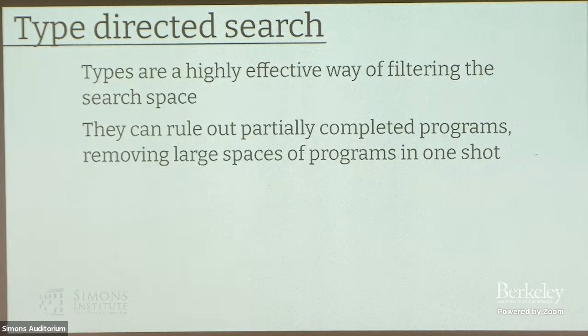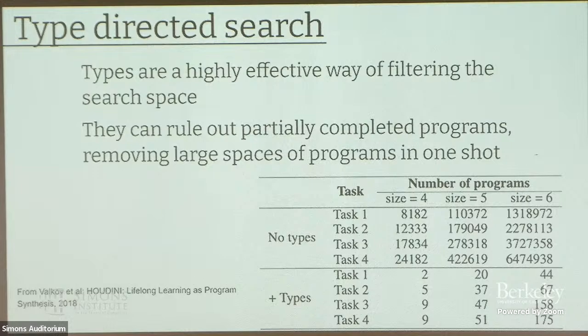This ability to rule out partially completed programs, removing a large space of programs in one shot, turns out to be very, very valuable. In a paper back in 2018 from Suarez's group, they quantified the effect of using a type system to prune the space of programs that we're generating.